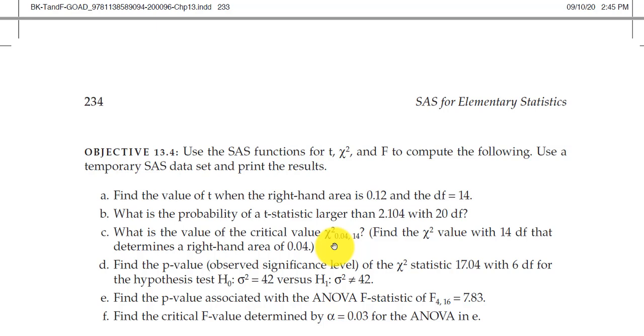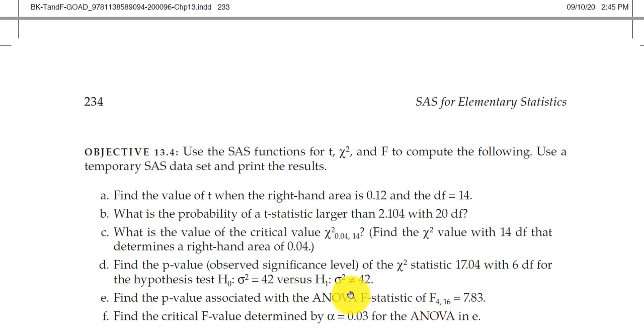So if the right-hand area is 0.04, the cumulative probability or left-hand area is 0.96. Find the p-value or observed significance level of a chi-square test statistic of 17.04 with 6 degrees of freedom for testing this population variance that is equal to 42. And then we have a p-value for an ANOVA F statistic.